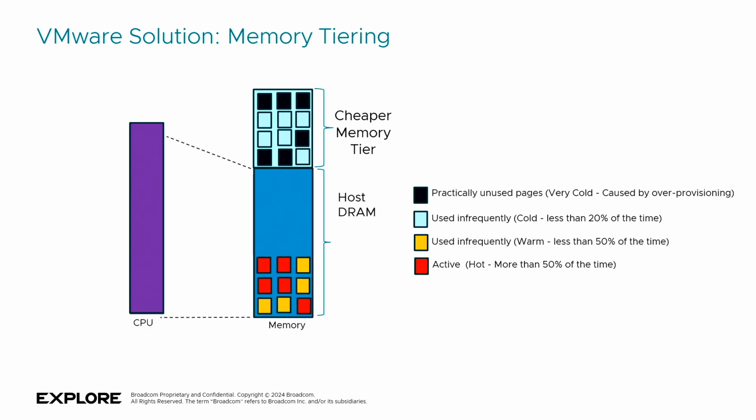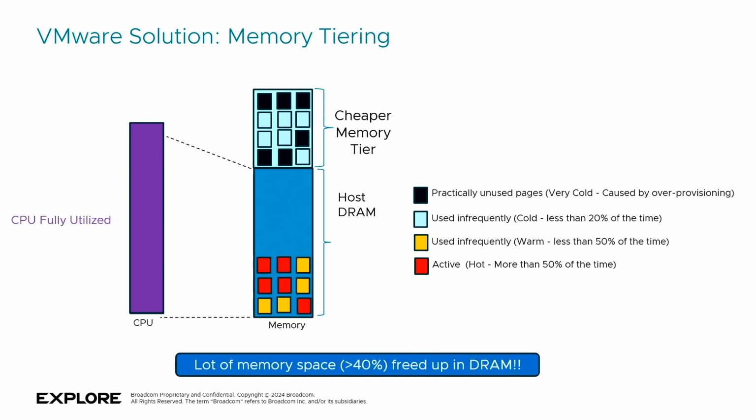So if you think about it, more workloads can be fit into the same server without impacting performance. Your existing workloads continue running, you can fit more workloads, your CPU is better utilized, and the imbalance between CPU and memory becomes lower.